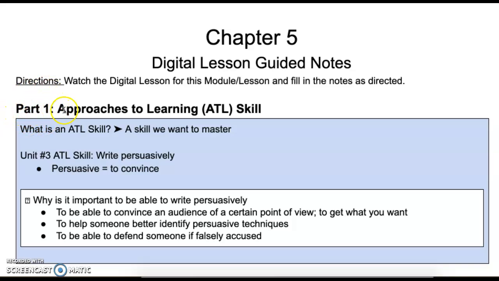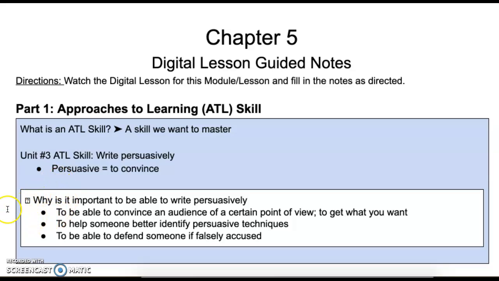Part 1 is Approaches to Learning, which is the acronym ATL, and it's a skill. What is an ATL skill? It's a skill we want to master. For Unit 3, the ATL skill is going to be write persuasively. Persuasive means to convince.